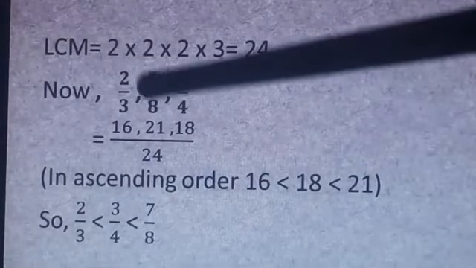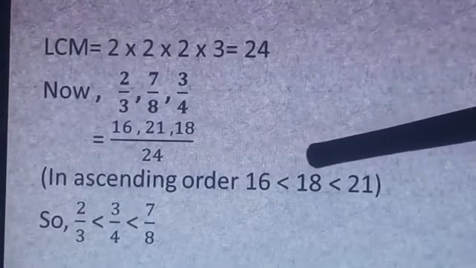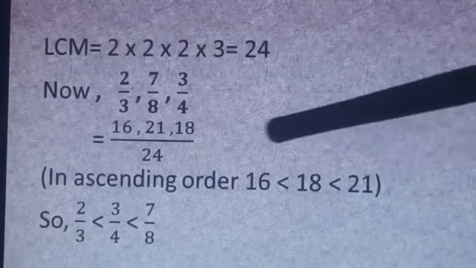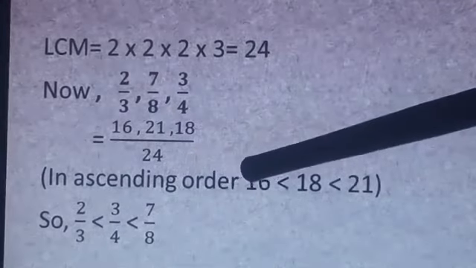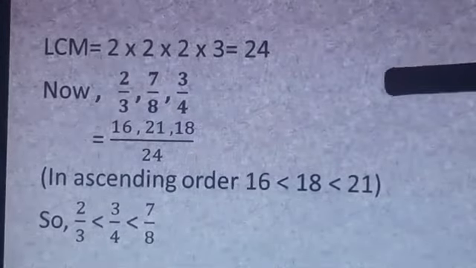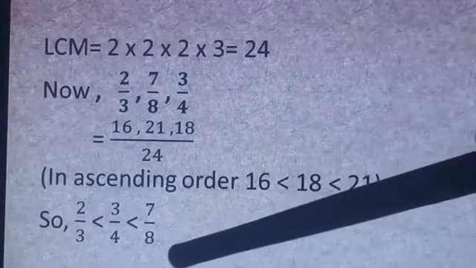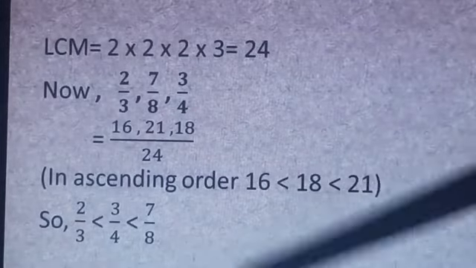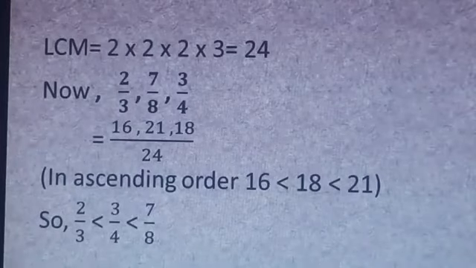Understood? Don't leave your answer as 16 is less than 18 and 18 is less than 21. ये तो हमारे fractions नहीं हैं. Question was arrange the given fractions into ascending order, so at last we have to write down the fractional numbers. Clear?